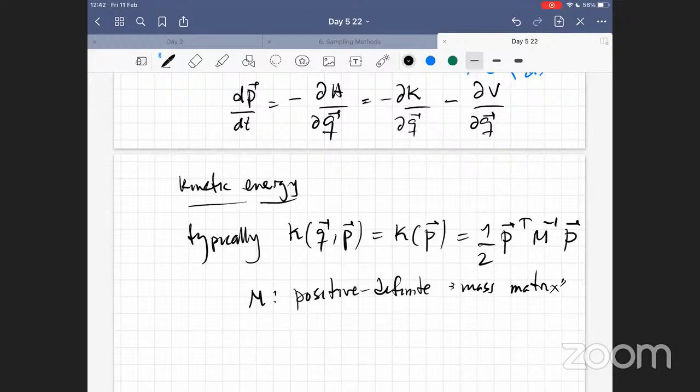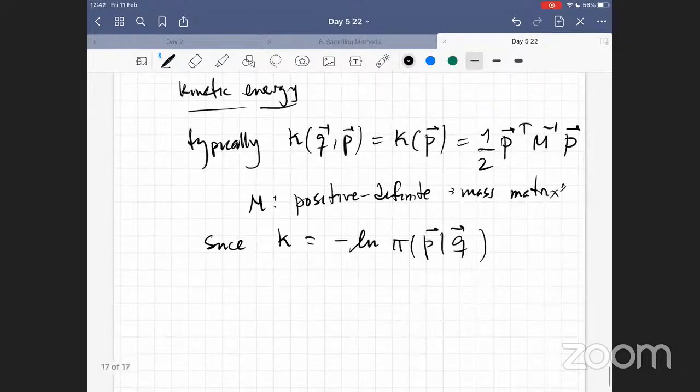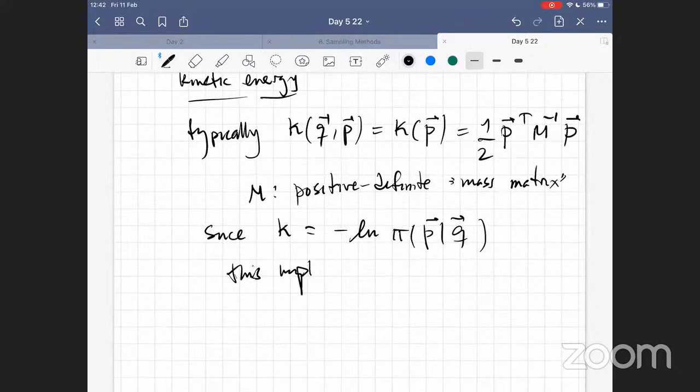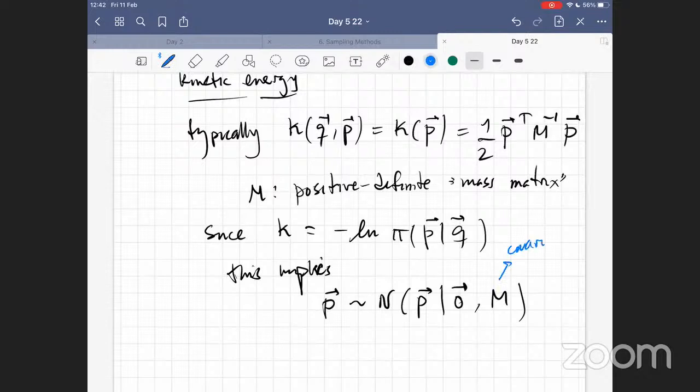Okay. But since you know that K is the minus log of pi of P given Q, this implies that by choosing this kinetic energy, we are actually saying that the momenta follow a normal distribution of zero mean and covariance matrix M. So this is a covariance matrix of the multivariate Gaussian distribution.